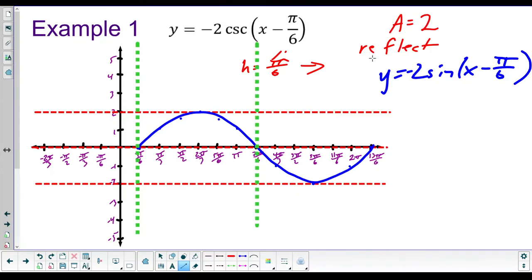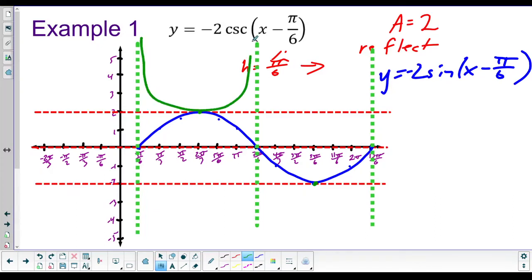Vertical asymptote, vertical asymptote. There we go. And then the way you make your cosecant graph is you make sure it touches right there at your maximum, touches at your minimum, and then it's going to make a big U in between your vertical asymptotes. So then this is pretty much our graph for our cosecant.